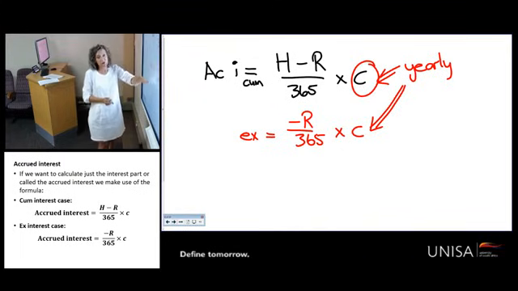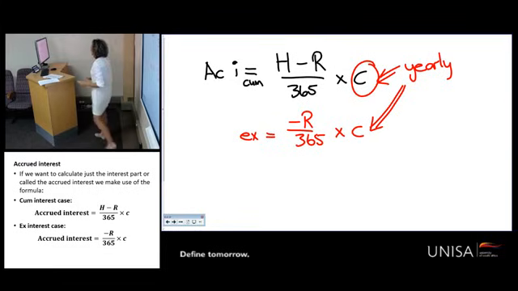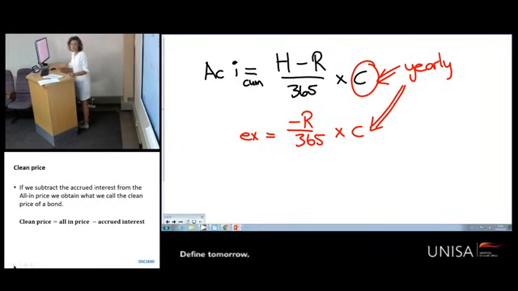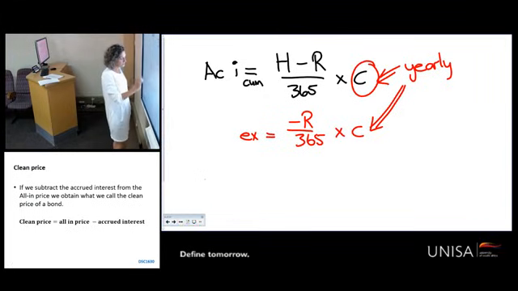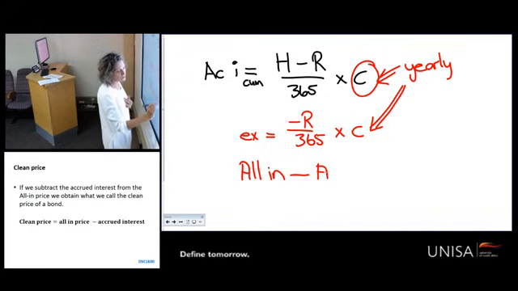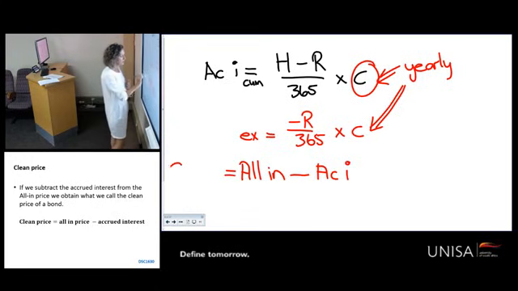Now, this will give you your interest, but what if you just want the principal value? That we then call our clean price. If we've got the all-in price, our all-in price minus our accrued interest gives us what we call the clean price.